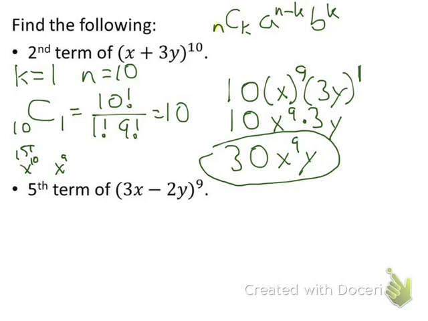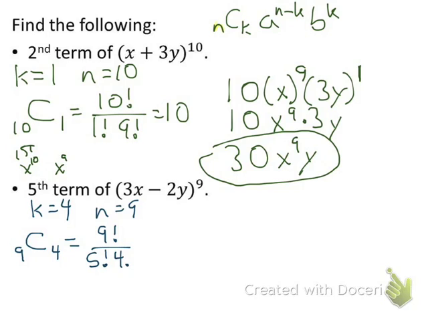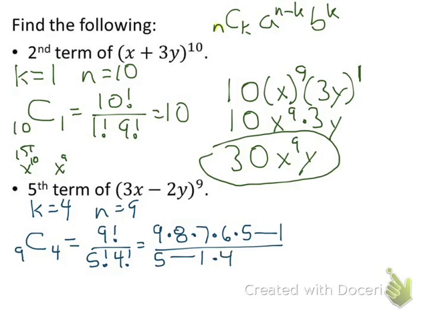Okay, next we go 5th term of 3x minus 2y to the 9th. So k equals 4, 1 less, n equals 9. So we're going to go combination of 9, pick 4, gives us 9 factorial over 5 factorial, 4 factorial, 9 times 8 times 7 times 6 times 5 all the way to 1, over 5 through 1, 4 times 3 times 2 times 1.